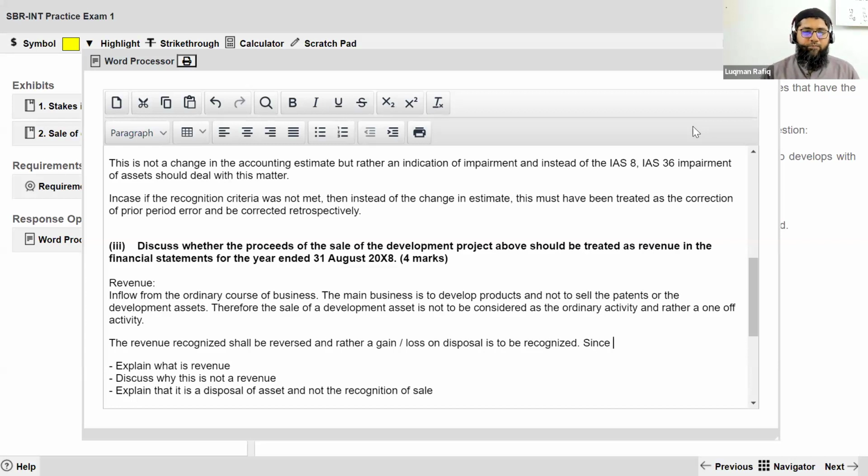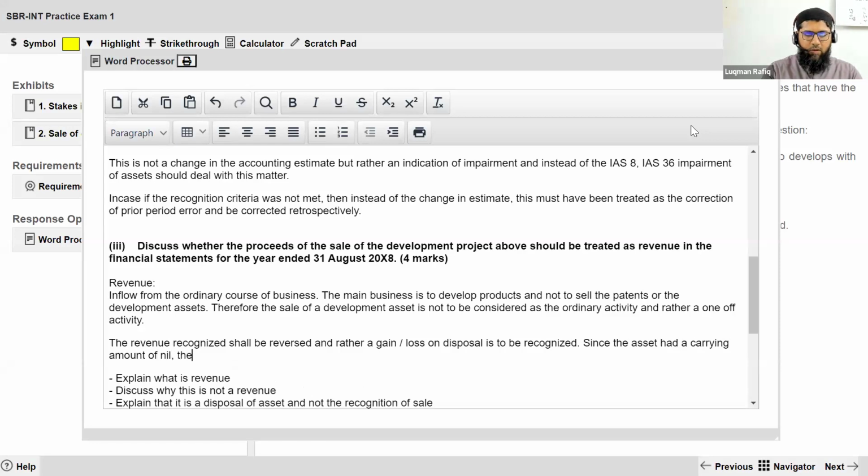Now, since the asset had a carrying amount of nil, therefore the entire proceeds are the gain on disposal and should be recognized in the income statement accordingly.